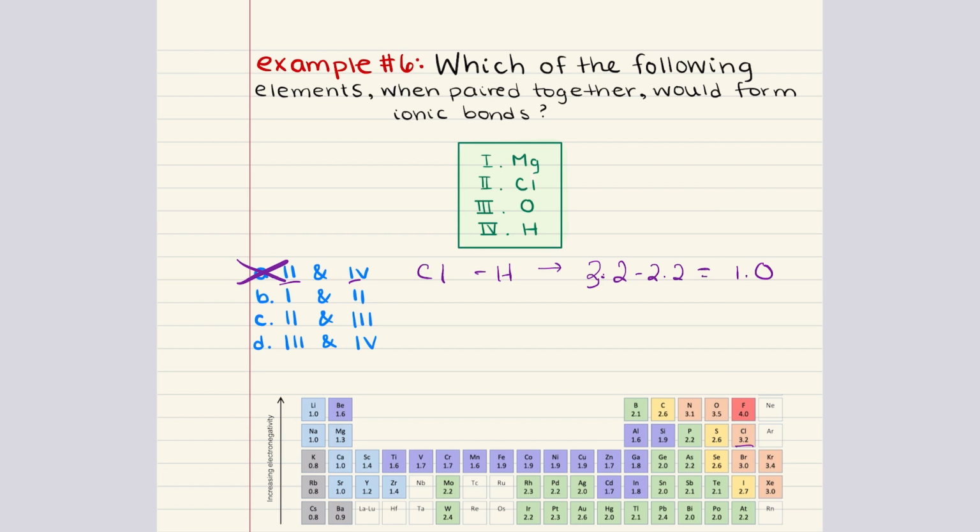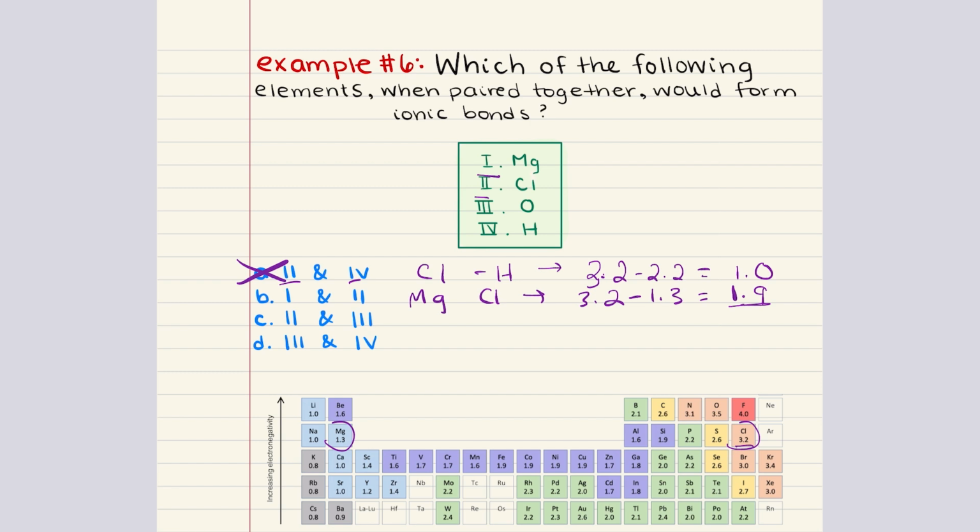B says element 1 and 2. Element 1 is magnesium, and element 2 is chlorine. So let's take the difference between the electronegativity values of magnesium, which is 1.3, and chlorine, which is 3.2. 3.2 minus 1.3 is going to be equal to 1.9. 1.9, this is in the range of ionic bonding.